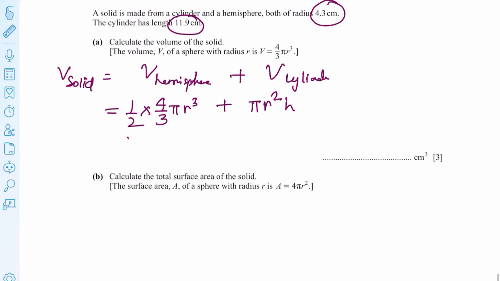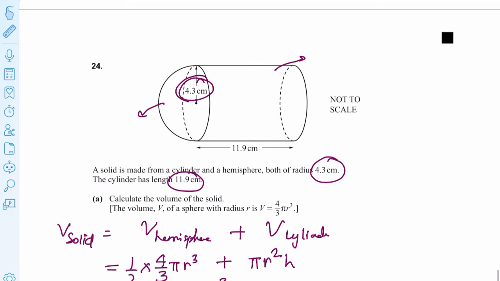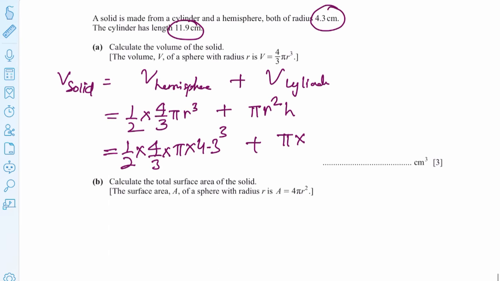So I'm writing here, half times 4 over 3 times pi times 4.3 cube plus pi times cylinder radius 4.3 squared and height is given 11.9.